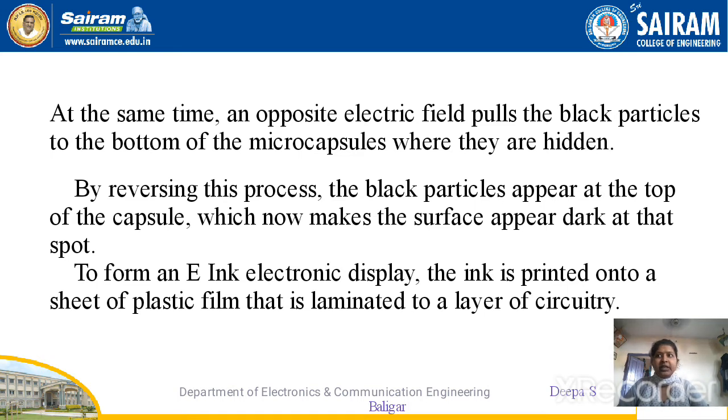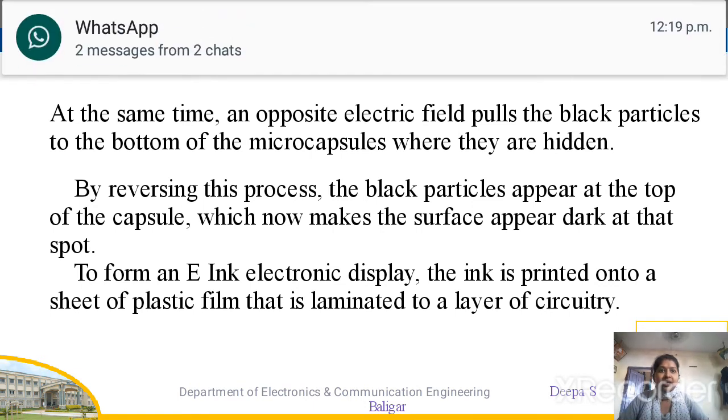It can be switched into the reflecting or absorbing state by applying a positive or negative voltage across the indium tin oxide, or ITO. Another type is electronic ink. Electronic ink is basically a combination of tiny plastic and flexible particles consisting of both black and white particles suspended in a clear fluid.